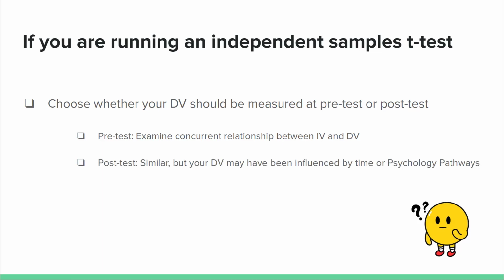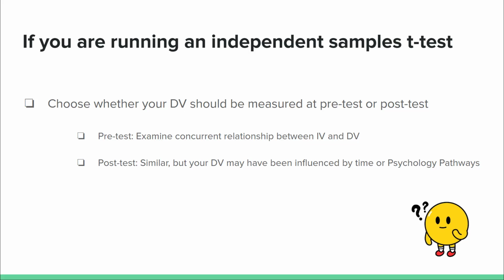If you're thinking about post-test as the right time to measure your dependent variable, then the idea is pretty similar because your independent variable and dependent variable were measured on the same day, but not exactly at the same time. And so your dependent variable may have been influenced either by time or by the usage of psychology pathways, but it does give you a tiny bit of time difference between when your independent variable and dependent variable have been measured.